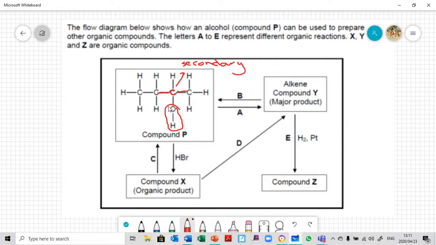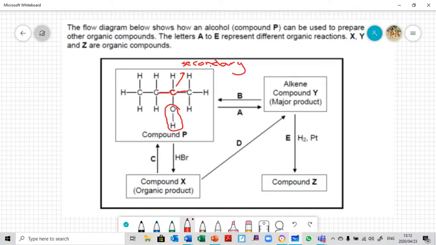When we need to know whether it's a primary, secondary, or tertiary alcohol, we find the OH group, the alcohol group, and we find the carbon that it is attached to. Then we look at how many carbons are directly attached to this one. 1, 2. There are 2 carbons attached to this carbon here. That means that this is a secondary carbon. Because the OH is attached to a secondary carbon, we refer to this as a secondary alcohol.